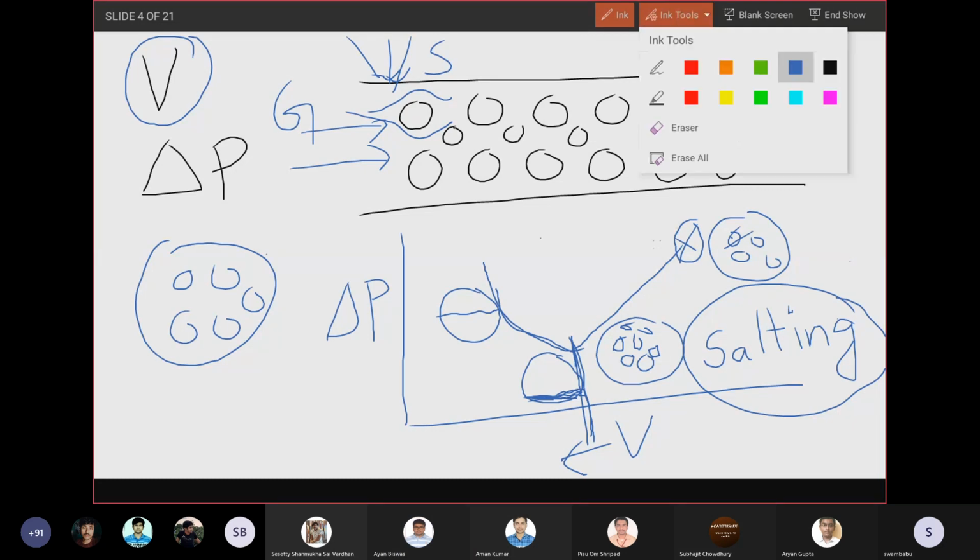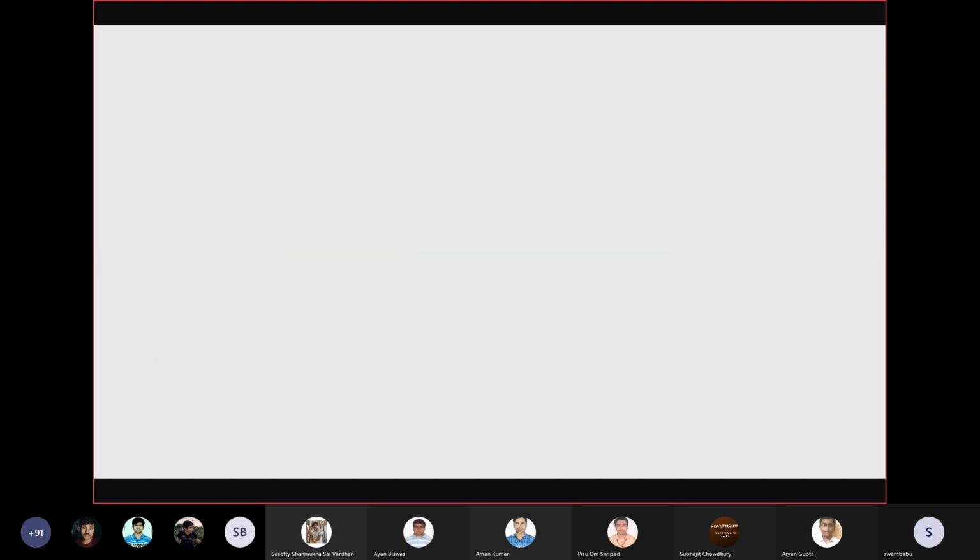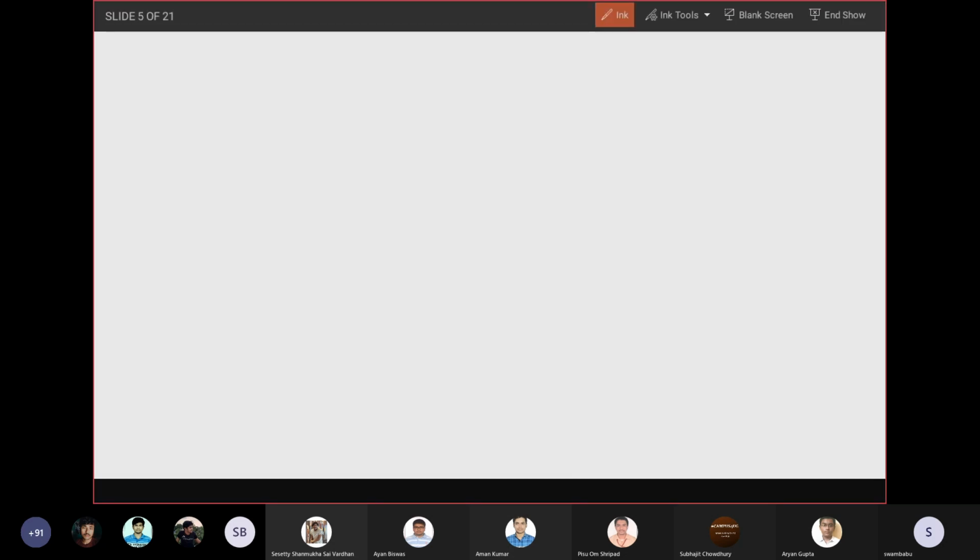Now, how do we determine the salting velocity? That is the important thing now. How do we determine the salting velocity?